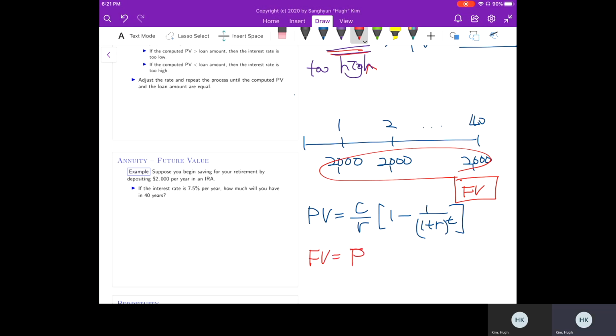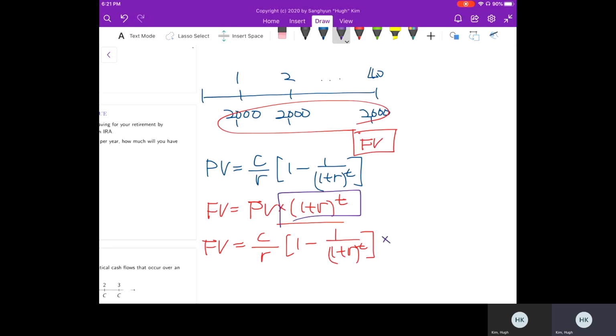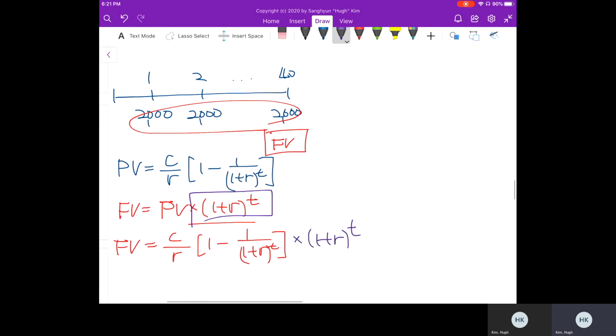The future value is present value times 1 plus R to the T. If we combine this, then the future value of an annuity is the present value times 1 plus R to the T, which simplifies to C over R times 1 plus R to the T minus 1.